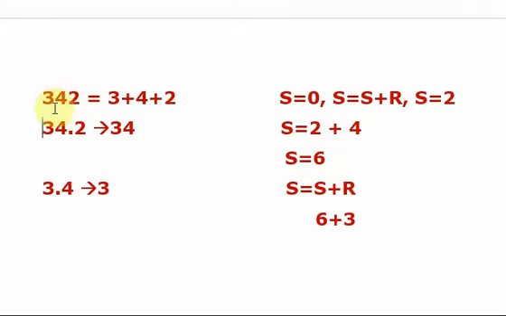Now you can use the remainder command, and from this 34 you can remove this 4 and take it. Then 34 divided by 10, the decimal point becomes 3.4. Then we use the floor command, omit the decimal, and it takes the lesser value 3.